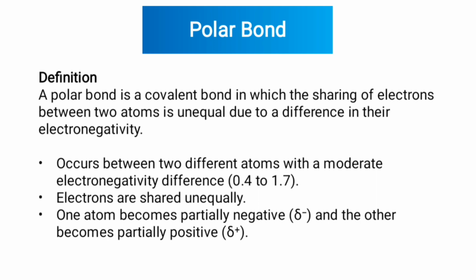But dear student, polar bonds occur between two different atoms with a moderate electronegativity difference from 0.4 to 1.7. In polar bonds, electrons are shared unequally. In a polar bond, one atom becomes partially negative and the other becomes partially positive.